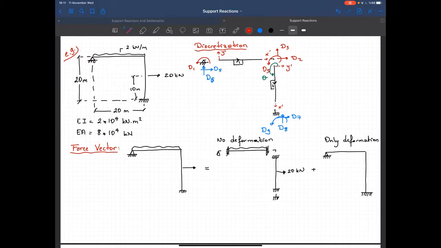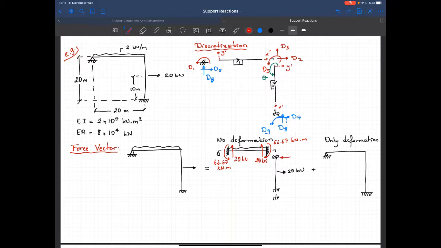And when you calculate the fixed end moments and forces, this one is 66.67 kilonewton meters. Again, 66.67 kilonewton meters, and I got 20 kilonewtons here, 20 kilonewtons.